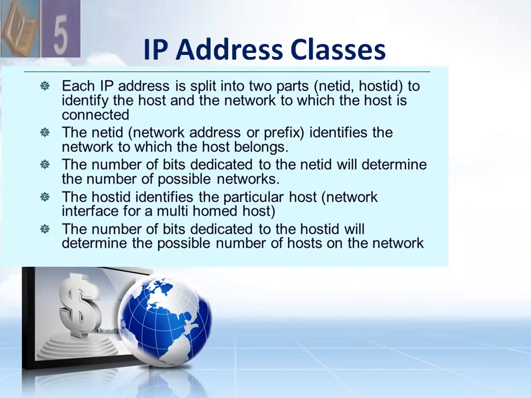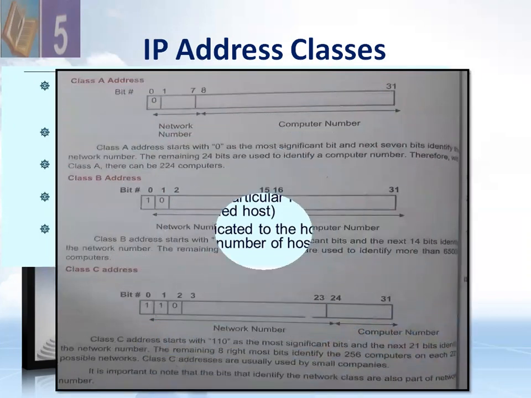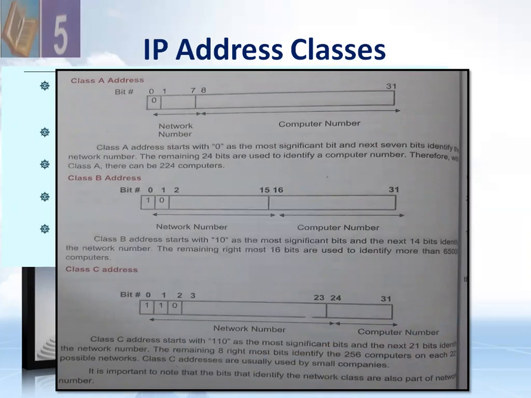So it can determine the number of hosts and the number of networks, how many networks you can make on a specific class. So here we have a class A address. Class A addresses start with 0 as the most significant bit and the next 7 bits identify the network number.